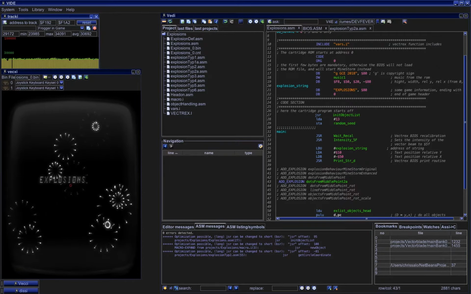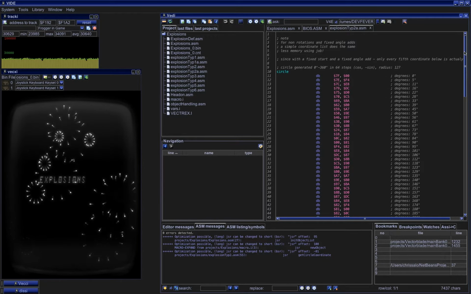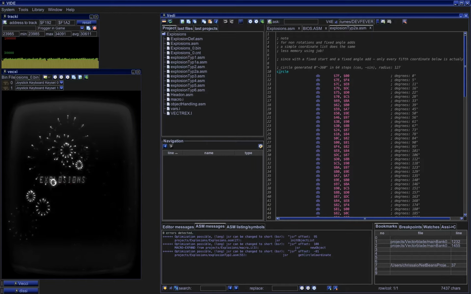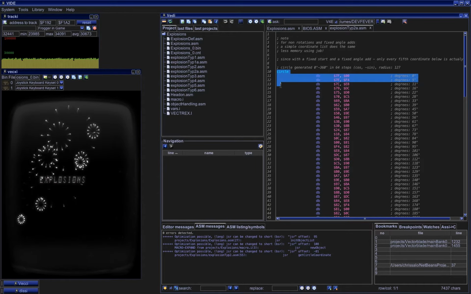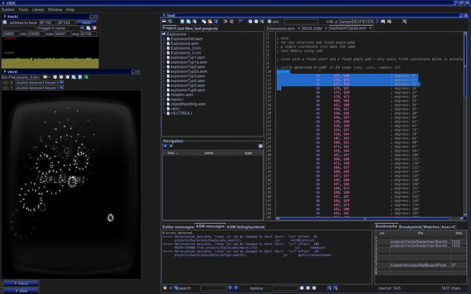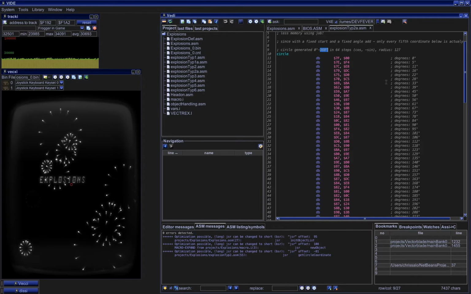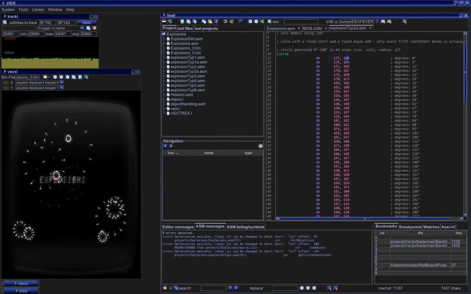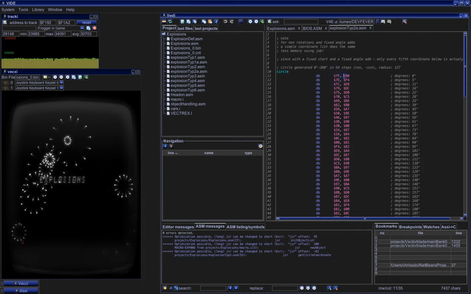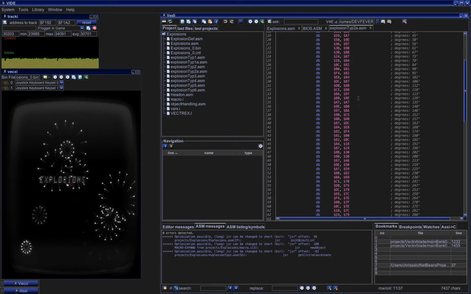This is because I removed the call to the BIOS sine data, and this is the exact same data, more or less, generated within Vide, 64 steps for 360 degrees angles. These are sine, cosine, minus sine values, but if you just want to draw a circle, it doesn't really matter.